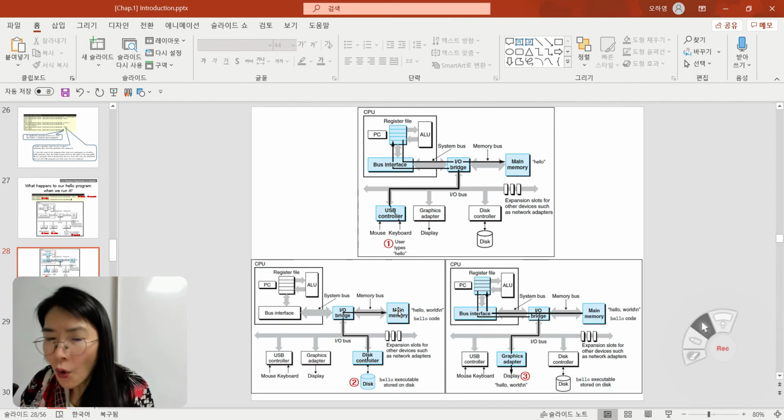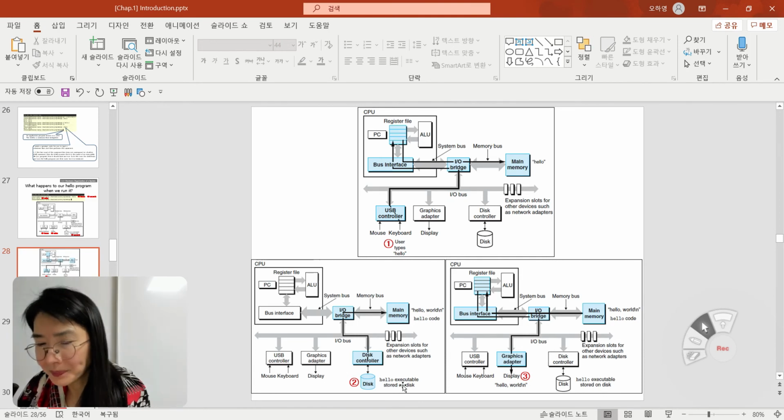So all components of this screen are hardware, right? So the hardware can cooperate with the software concept, such as the executable file or the shell program, all right?